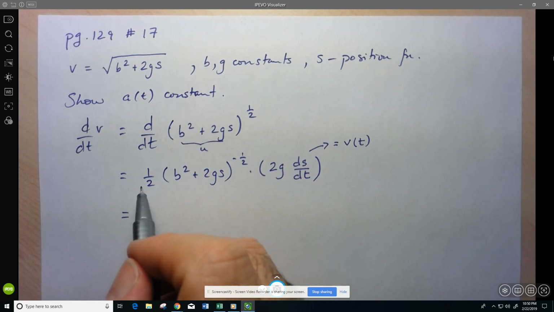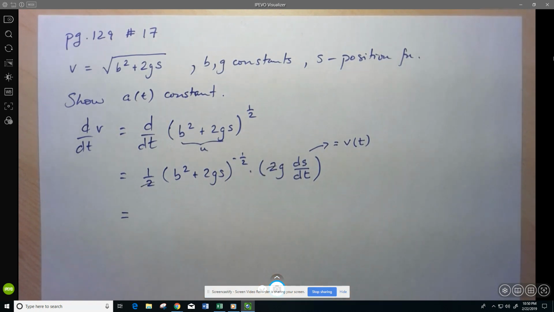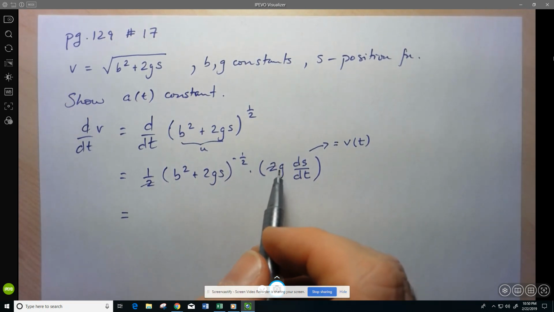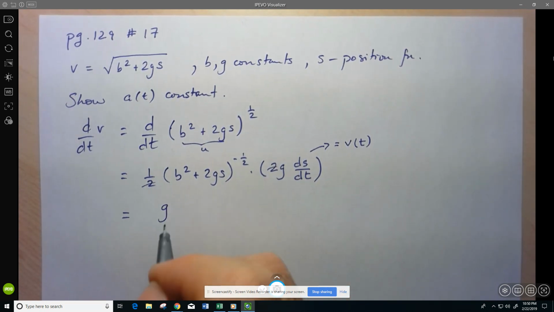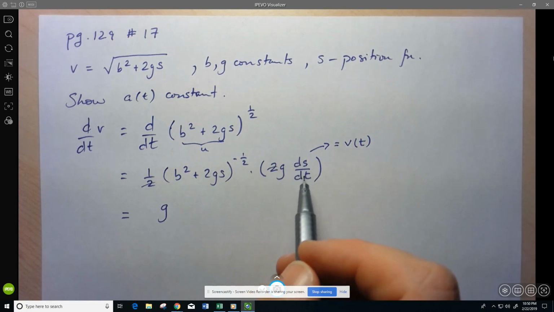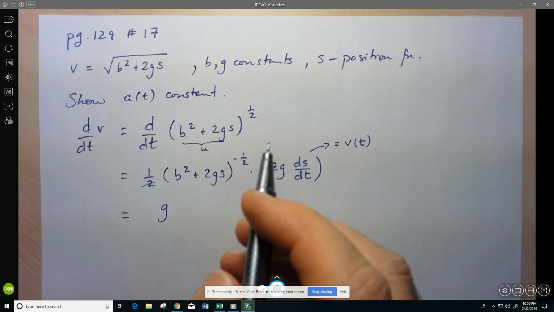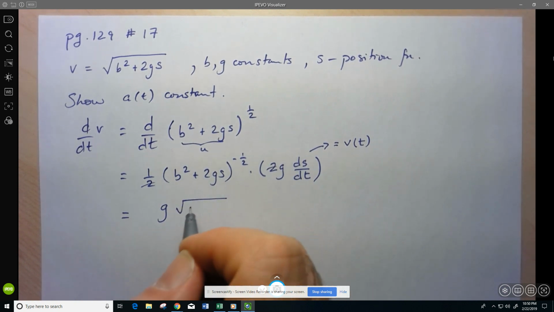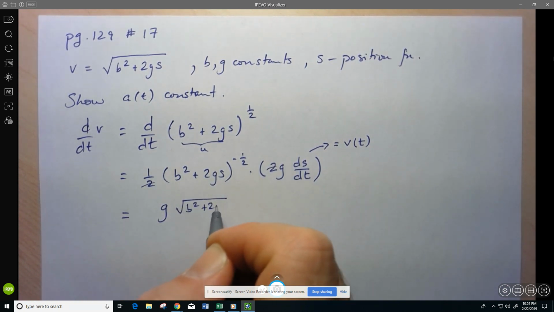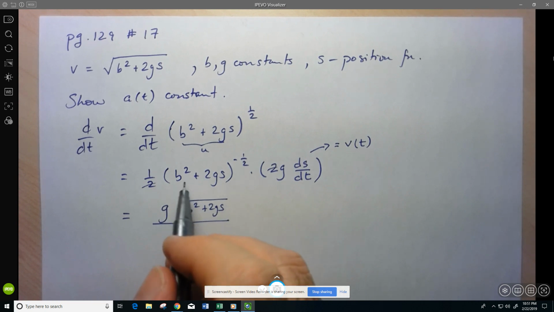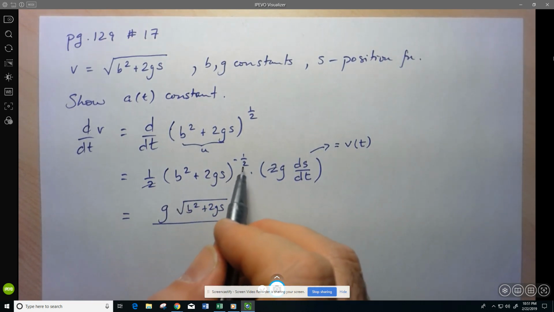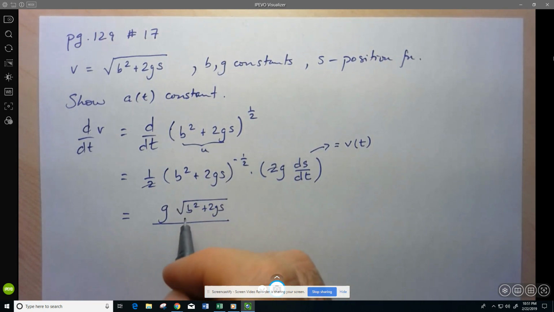So here, let's do some simplifying. This 2 and this 2 are going to reduce. All right, so this has a negative exponent, so I'm going to bring it to the denominator. So what do I have in the numerator? I've got g. Okay, and I've got the derivative of s with respect to t, which we realize is just the velocity function. So I can replace that by square root of b squared plus 2gs and all of that. Remember, this was going into the denominator because of the negative exponent.